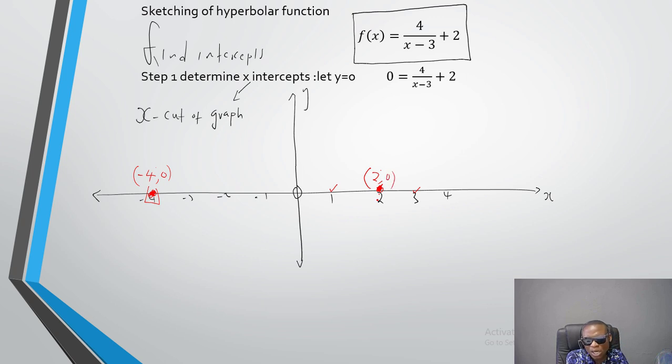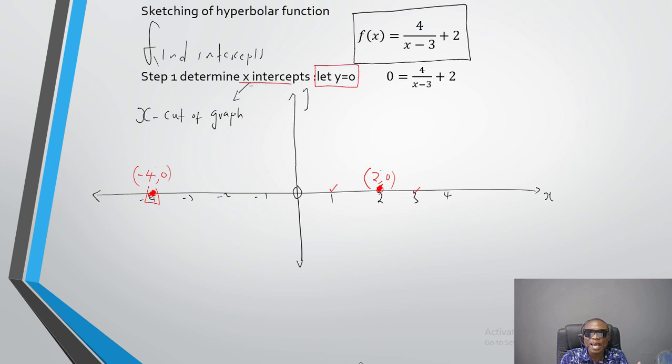As long as the point lies on the x-axis, you can consider it the x-intercept. So at all the points on the x-axis, the value of y is 0. That is why when we are looking for the x-intercept, we let y be 0.